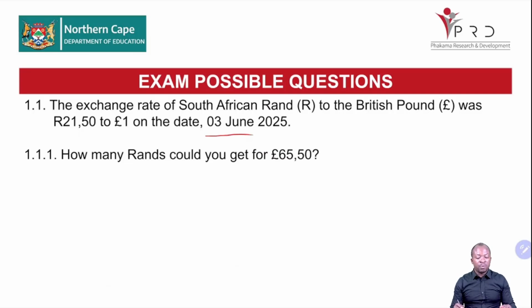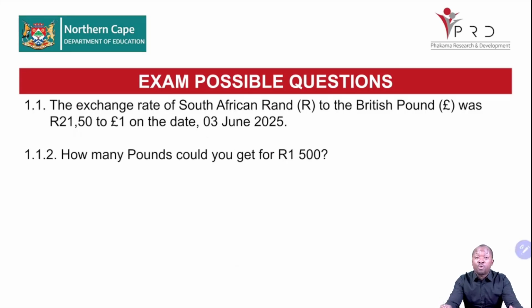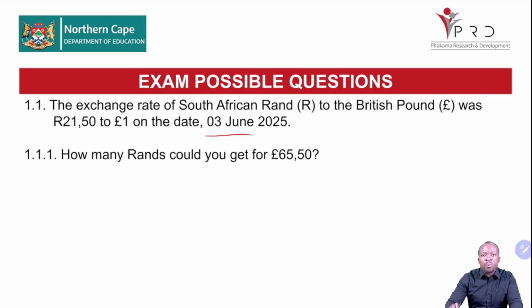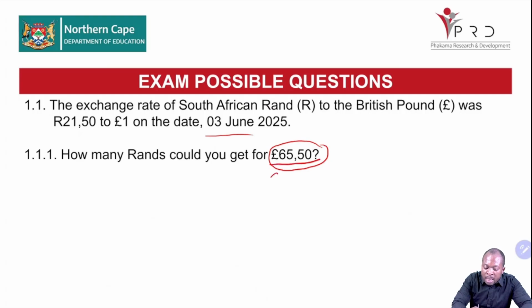Now the first question: how many rands would you get if you have 65 pounds 50? You must work it out. I want to show you the simplest way to work with this. In the question there's 65 pounds 50. Right from the question, divide by the same currency, which is pound.